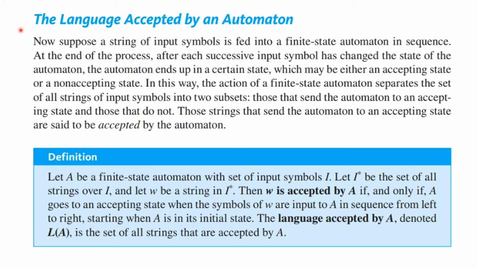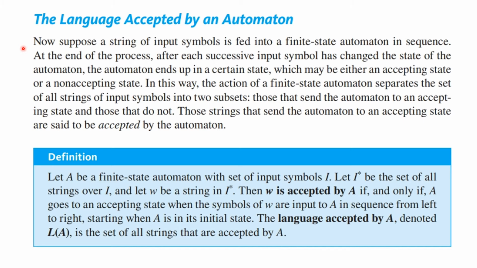And when you have a compiler, the compilers are based on languages. And so we talk about languages that are accepted by an automaton. And there can be more than one. In fact, suppose a string of input signals is fed into the finite state automaton in a sequence. At the end of the process, each successive input symbol has changed the state of the automaton, and the automaton ends up in a certain state.